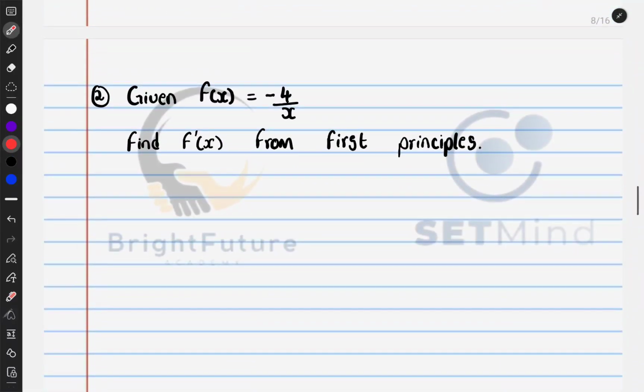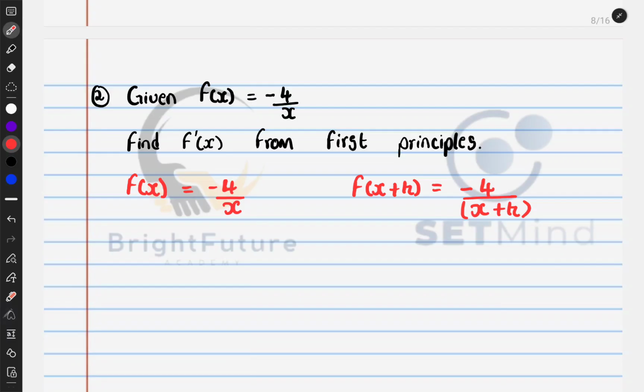First, by determining f of x, we already have negative 4 over x, and then f of x plus h is equal to negative 4 over x plus h.